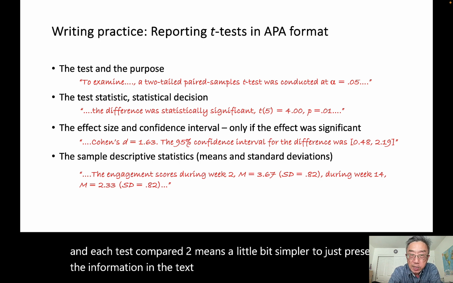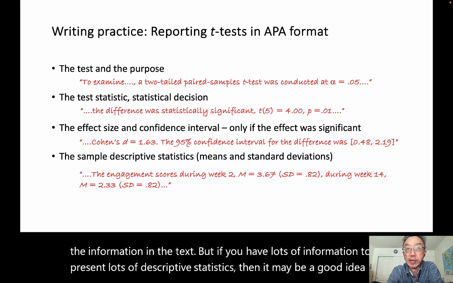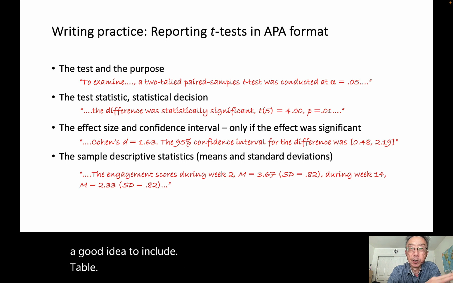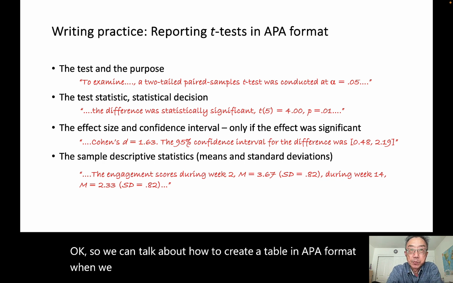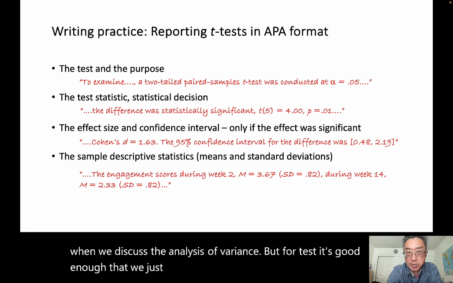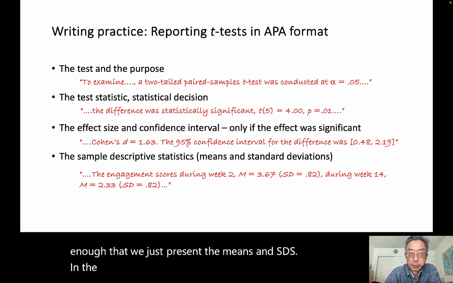But if you have lots of descriptive statistics to present, then it may be a good idea to include a table. We can talk about how to create a table in the APA format when we discuss the analysis of variance. But for a t-test, it's good enough that we just present the means and SDs in the text.